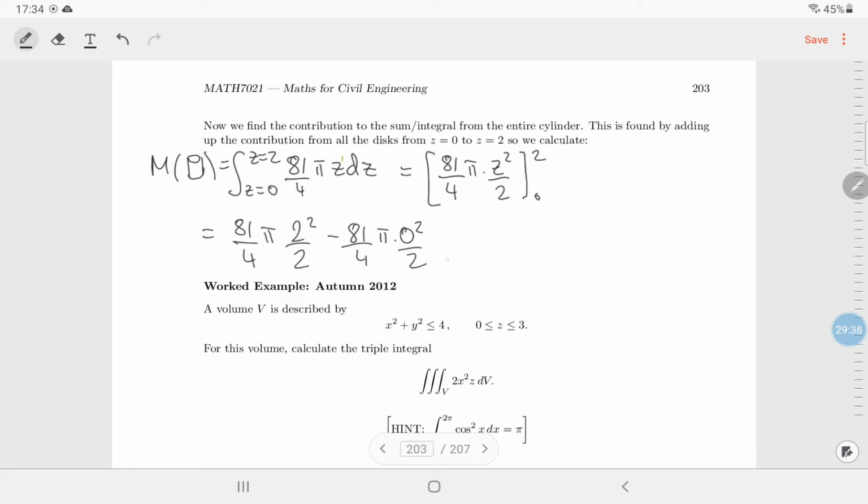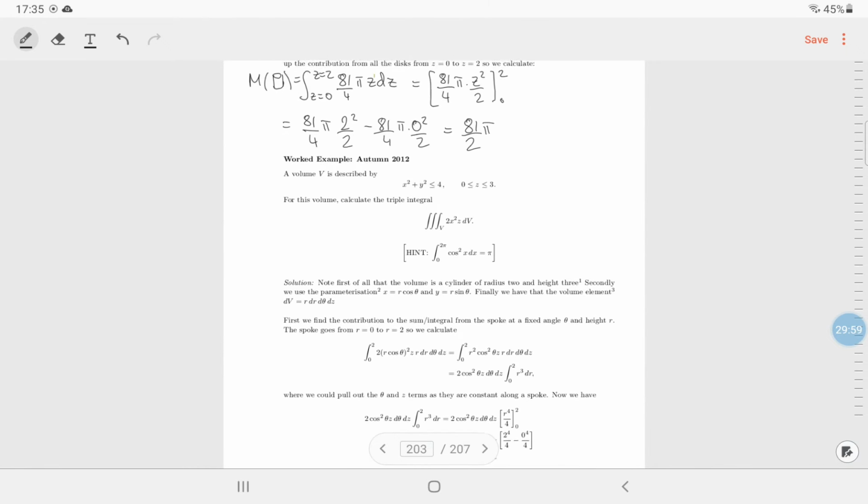And the second term is obviously 0. And 2 squared over 2 is 4 over 2 is 2. And then you can do 2 over 4 is a half, or whatever way you want to cut it. You get 81 over 2 pi. If you want, you can approximate it, but because there's no units, there's not really much value to that. So that should be enough to get you through everything. There's some more little examples there.